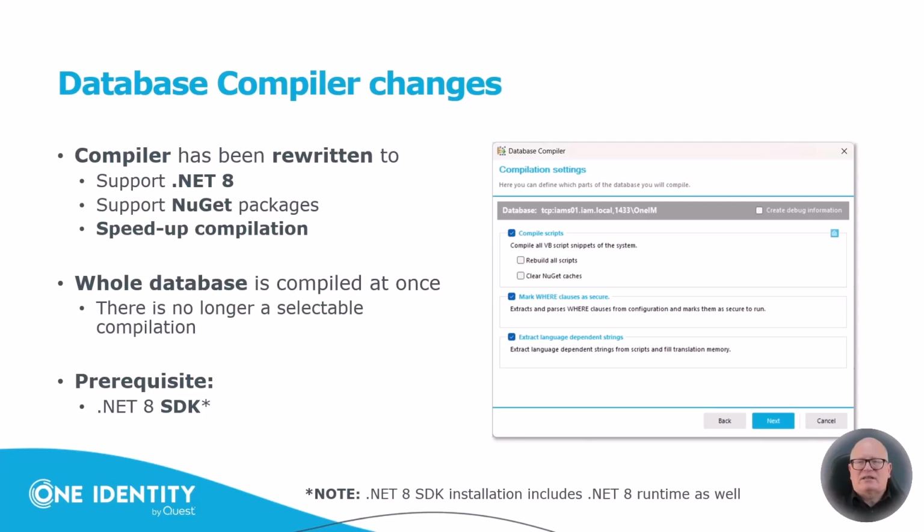The reason for that is that we moved away from a lot of different assemblies because .NET supports that in a different way than .NET Framework, and so compiling the database is much easier. Nothing to select or nearly nothing to select. You just compile the database.